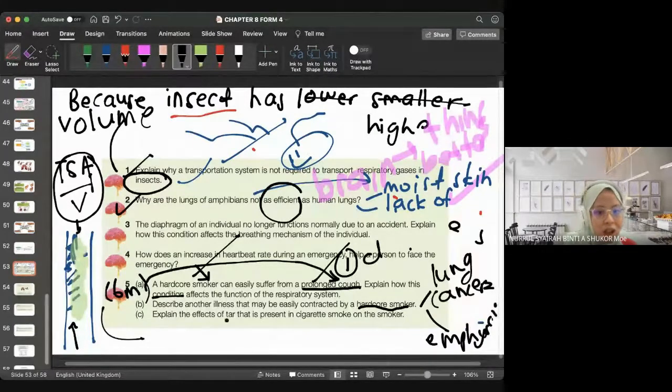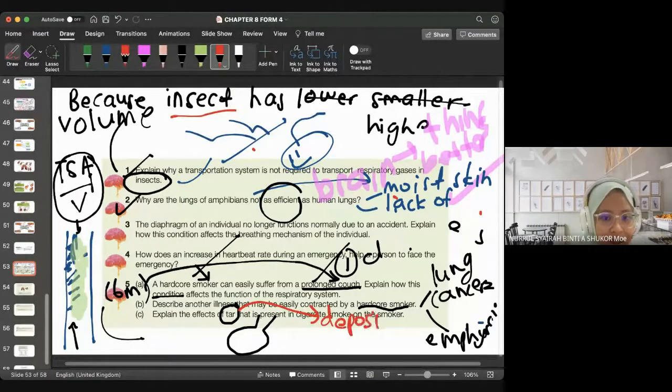Explain the effect of tar that is present in cigarette smoke on the smoker. Alright. Tar, if you see tar, the answer is number 1: it's deposited in lungs or deposited in alveoli.